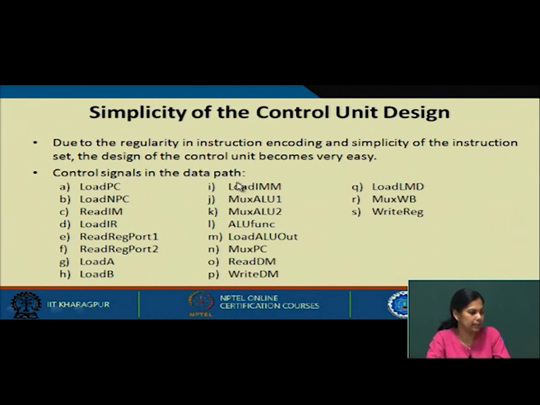The control signals in the data path are: load PC, load NPC, read IM, load IR, read reg port 1, read reg port 2, load A, load B, load IMM, mux ALU 1, mux ALU 2, ALU func, load ALU out, mux PC, read DM, write DM, that is read data memory and write data memory, load LMD, mux WB, and finally write reg.